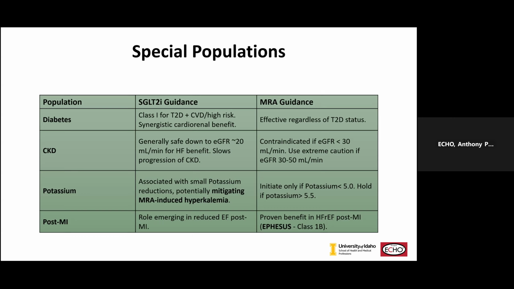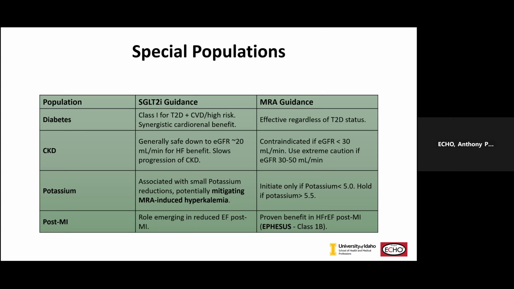Unfortunately for the MRAs, you kind of have to keep an eye on the eGFR with this one, just because it has shown that it can affect it a little bit. That's kind of where the finerenone may come in a little bit, but we still have to look at how well the kidney is filtering. Potassium, we're not really worried about with the SGLT2s. As a matter of fact, because of the diuretic effect that they have, it might mitigate the effect that MRAs have on increasing hyperkalemia.